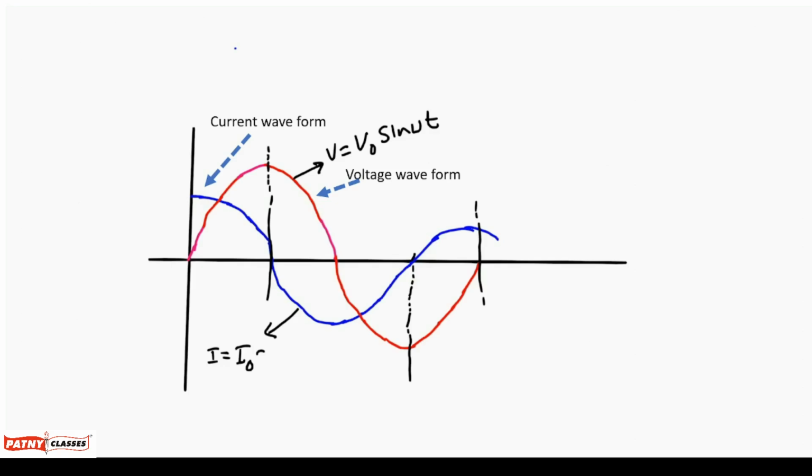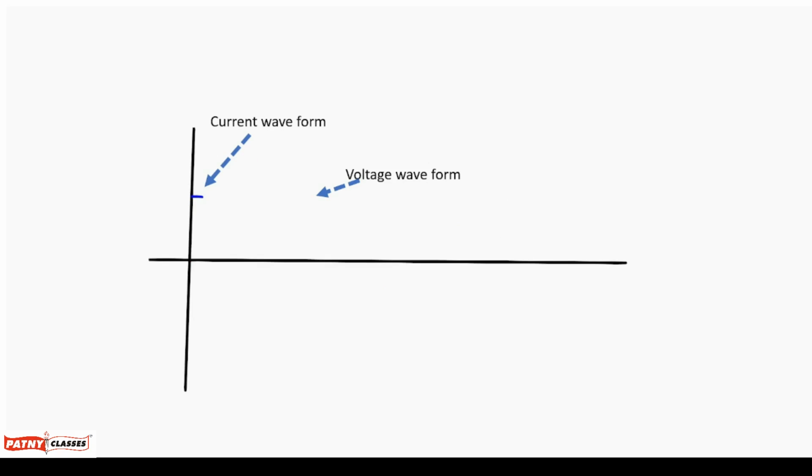We observe that the voltage is 0 when the current is maximum. So in this diagram the current is leading and voltage is lagging. What is the reason? The reason is when current is maximum, the voltage value is 0. Let us see the same diagram in slow motion.